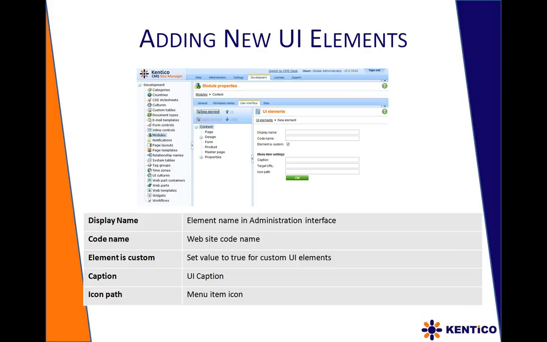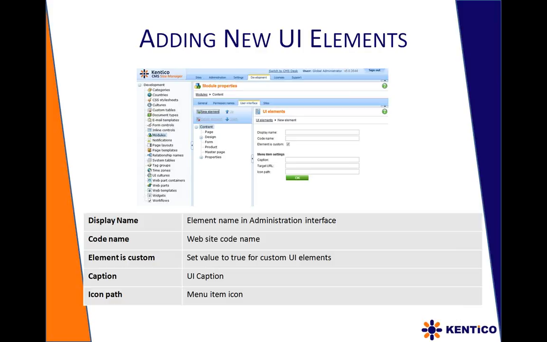So there isn't a ton of complexity in how you can add your own UI elements, but it is important to understand a couple of key things. One is making sure that you can support localization, and then making sure that you understand the pathing that you're going to bring in.